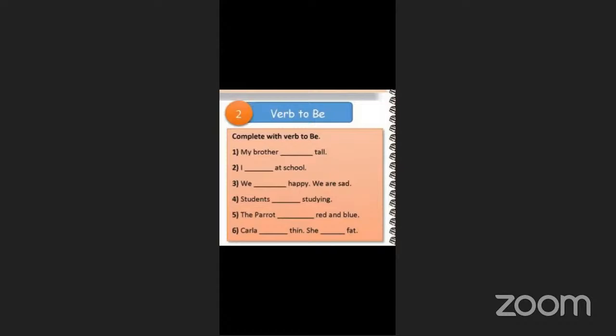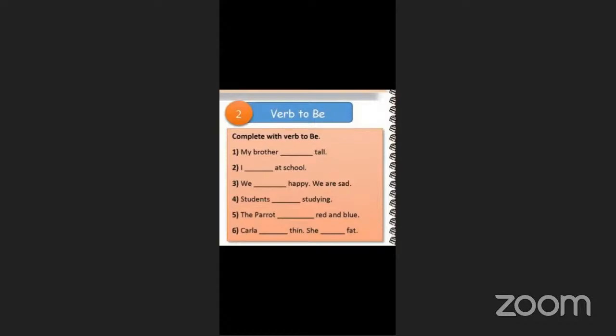I blank at school. I. So with the pronoun I, we always use the be verb am. I am at school. Number 3, we. That is a plural pronoun. So when you have we, we have to use the be verb are.